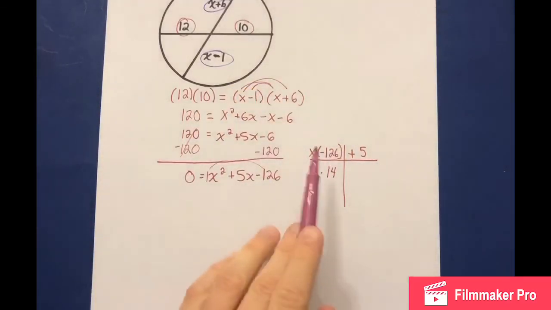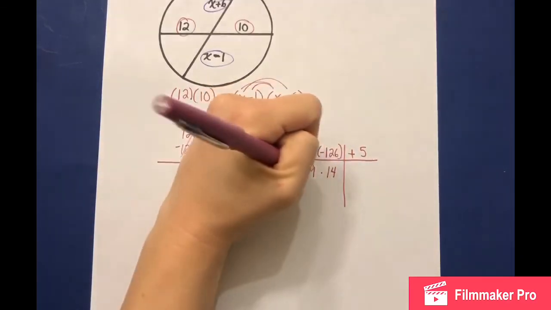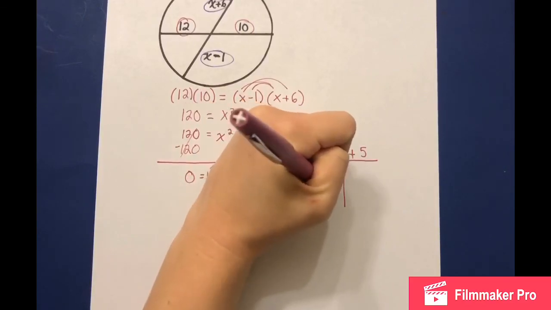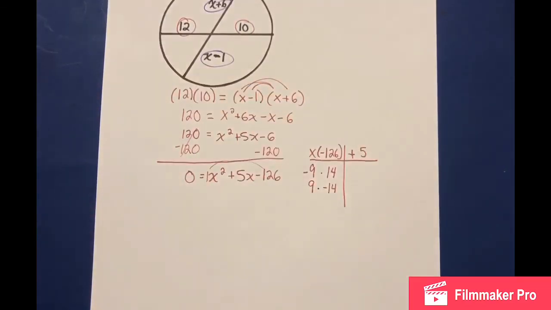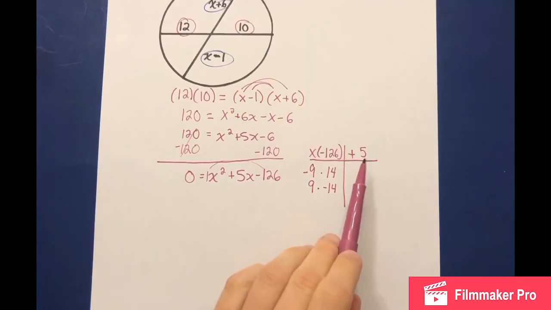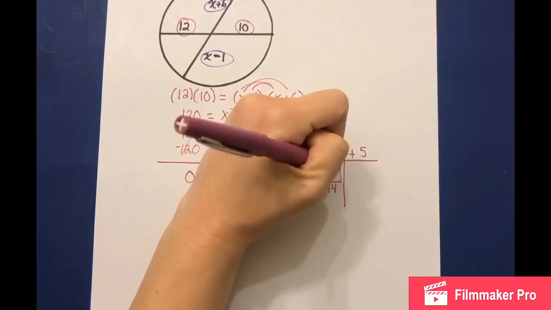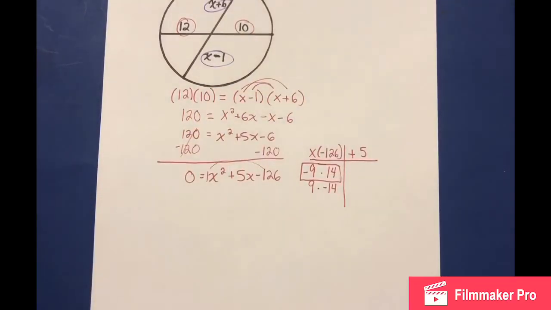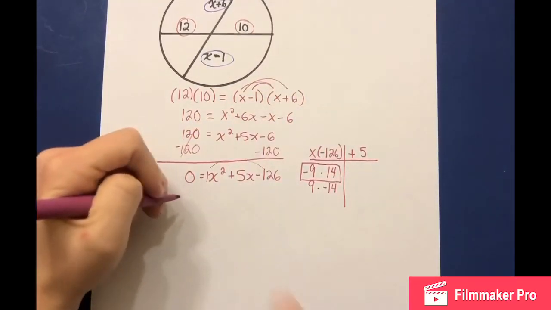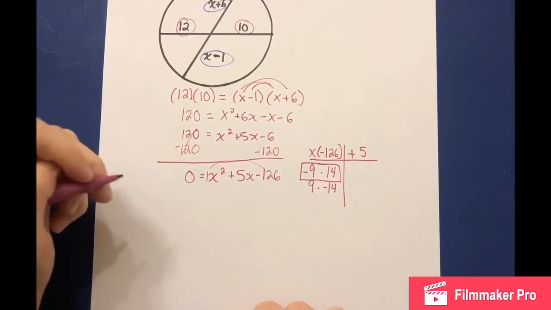They have to multiply to a negative, so one of these two has to be negative. So let me see if it's going to be negative 9 and positive 14 or positive 9 and negative 14. It has to add to a positive 5. So it's going to have to be this one, because the 14, the bigger number, needs that positive sign. So I go back here and I break this up.